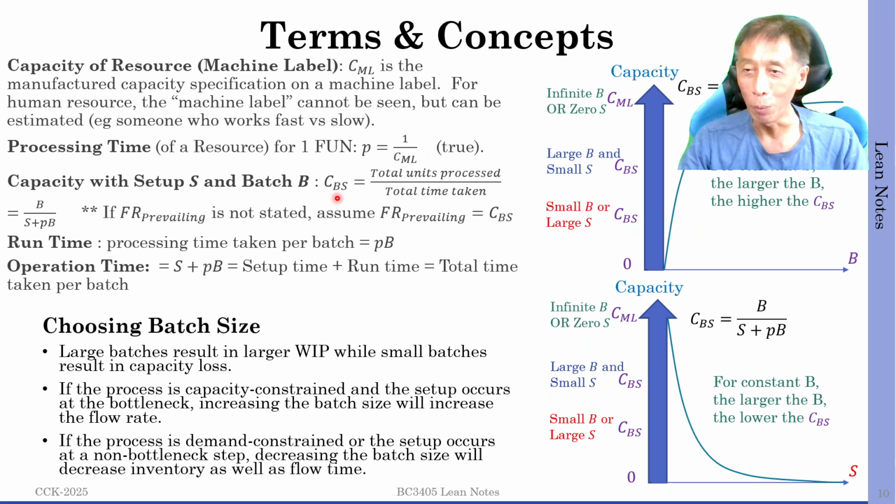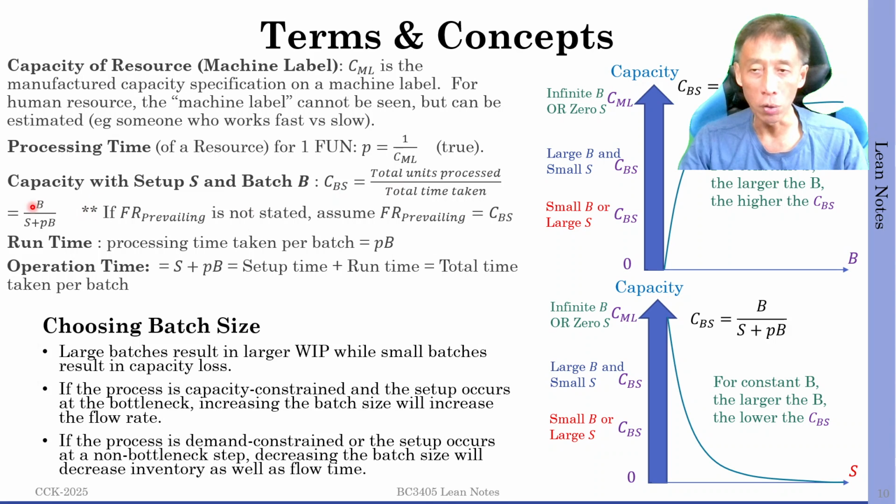Okay, so what is CBS? That means the effective capacity in the presence of batch and setup time. The word definition is kind of most useful, like what we did just now. After some total time of measurement, we count how many units we actually get out of it. Total units over total time taken. So if you do this ratio, it is always correct.